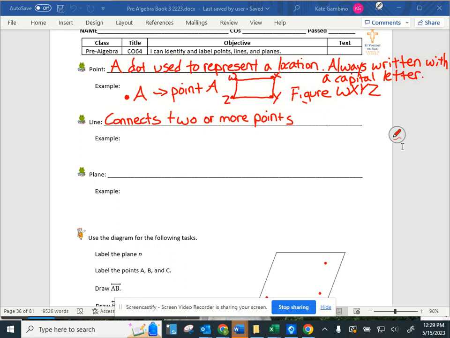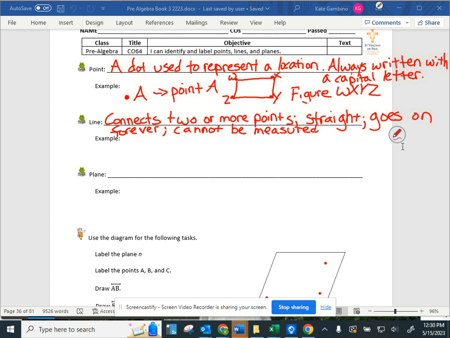It's hard to write a semicolon with this marker. So a line is always straight and it goes on forever, and it cannot be measured.